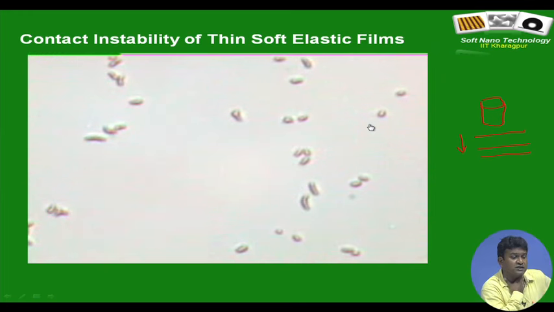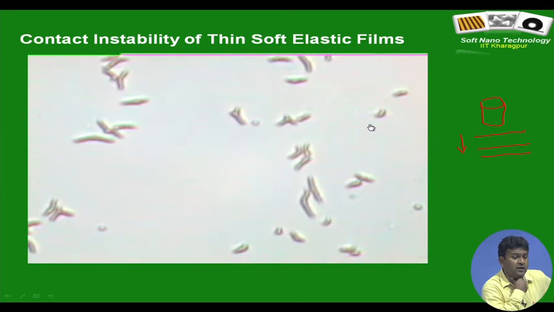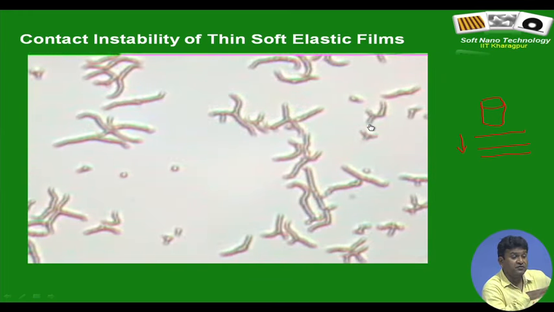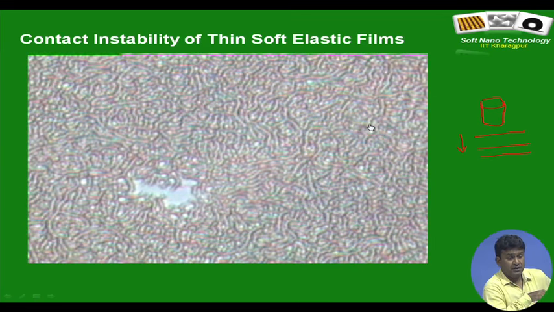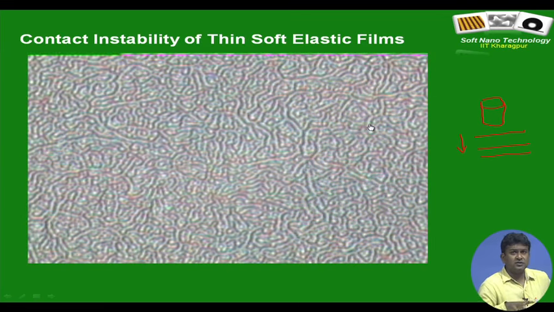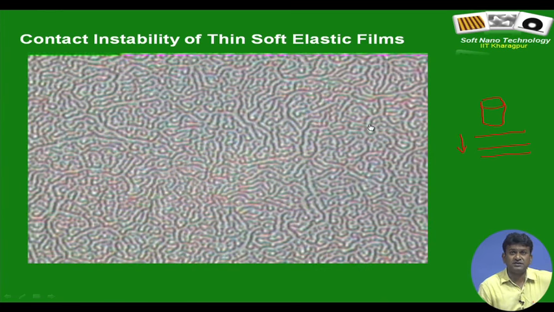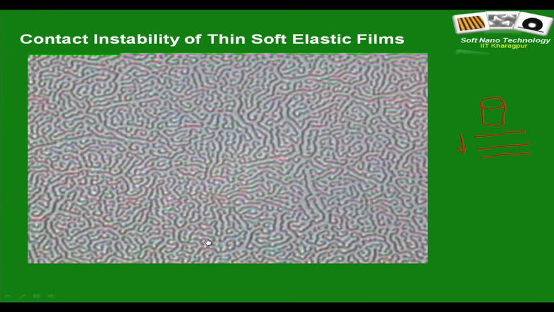First, we see that initially we had a flat film and the contactor was far away. You see that some structures are appearing in the form of isolated columns, and the contactor is still approaching, and suddenly you see the whole area gets filled up with some structures. And what is the nature of the structure? It is sort of a bicontinuous labyrinth structure, and I will come back to that.